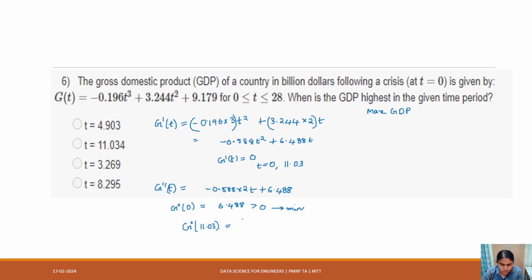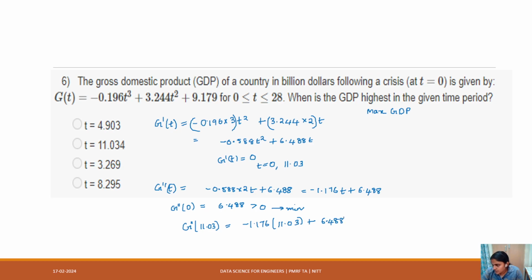We'll leave that. And g double dash of 11.03 we will find out. 0.588 into 2 will give minus 1.176 t plus 6.488. So what you can do is 1.176 into 11.03 plus 6.488.